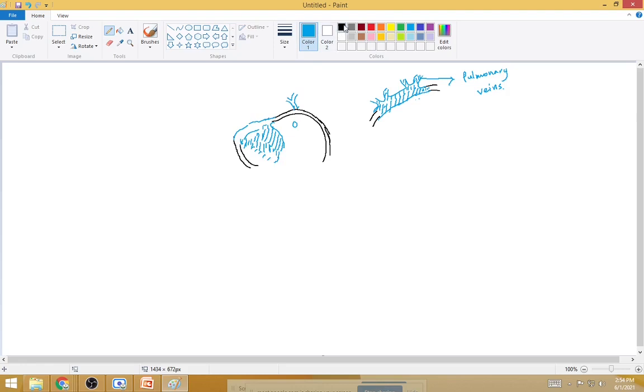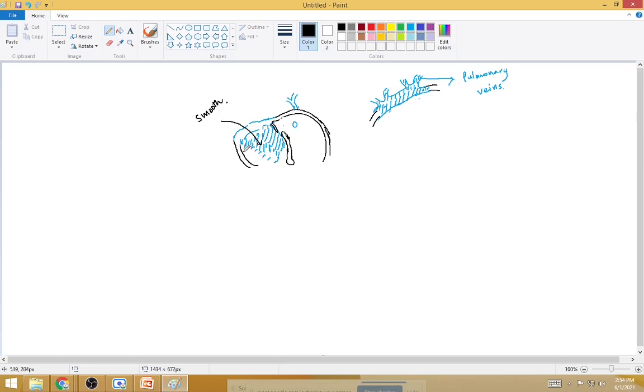Now there is the septum primum, okay, here is the foramen ovale. So this wall is smooth. Why? Because it is being formed by the smooth part, the sinus venosus.